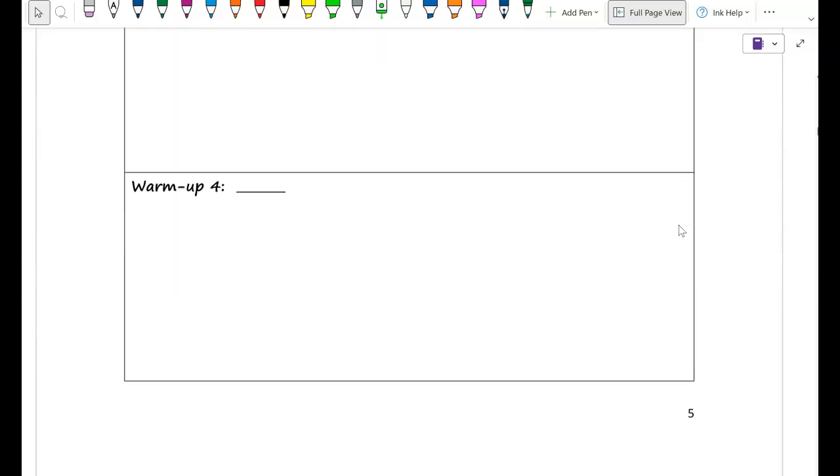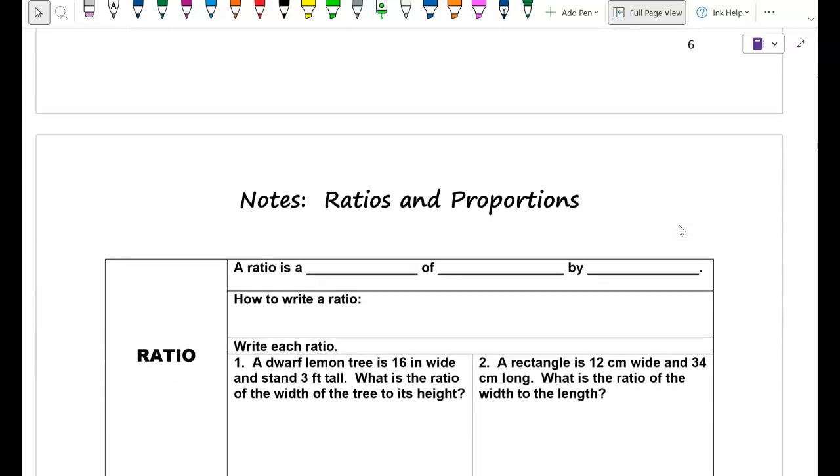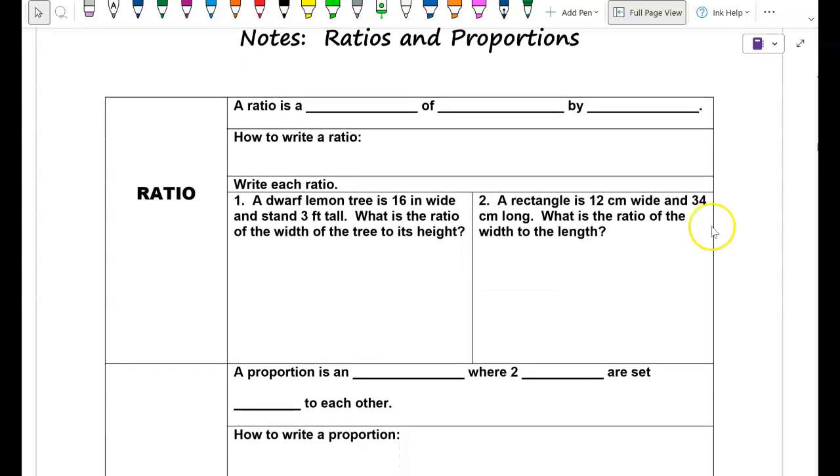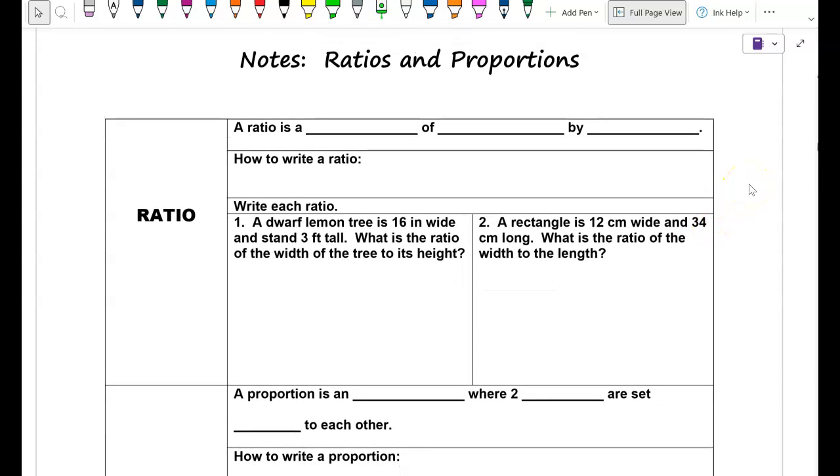I want to jump right into page 7 to our lesson on ratios and proportions. And we're going to do a little bit of defining: what is a ratio, what is a proportion.